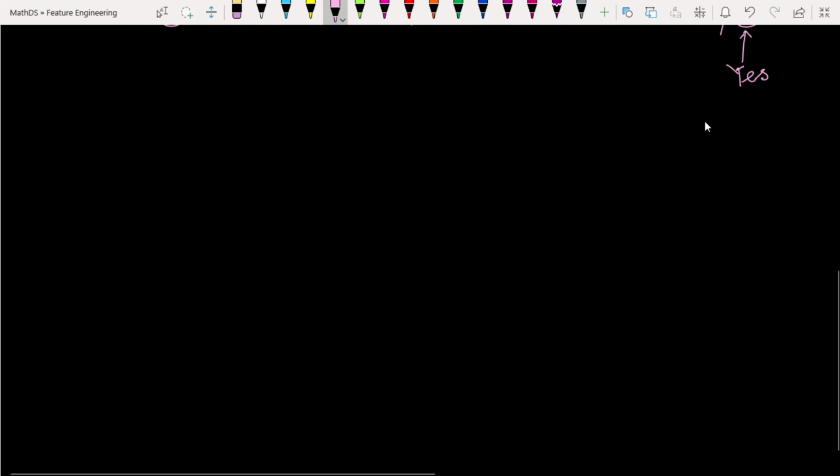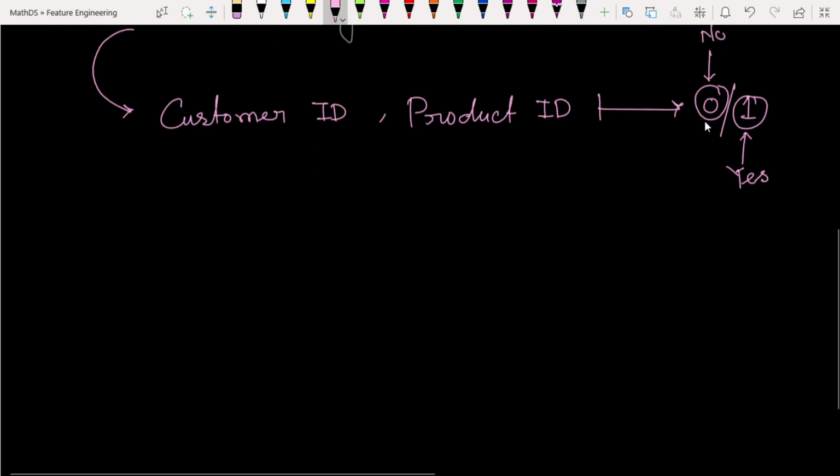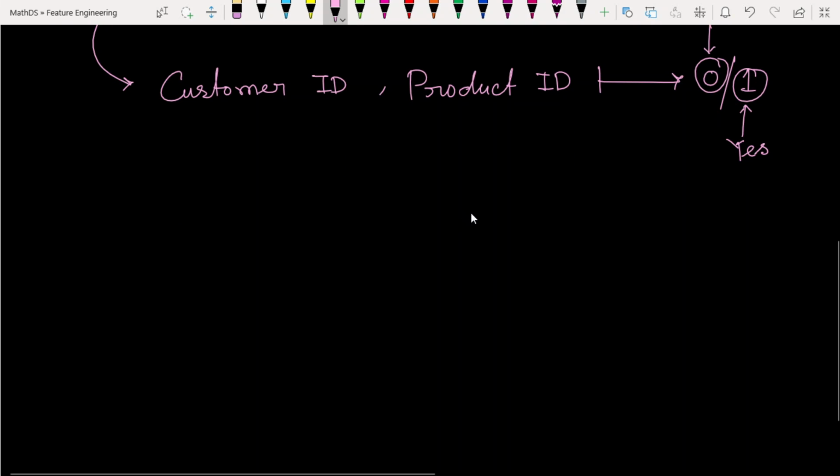So let's see how we do this job. Suppose a customer is interested in buying a television. Try to understand this with common sense.